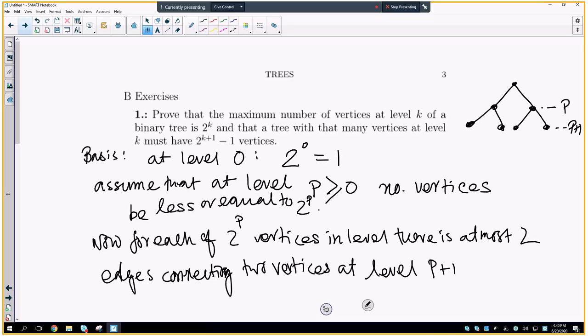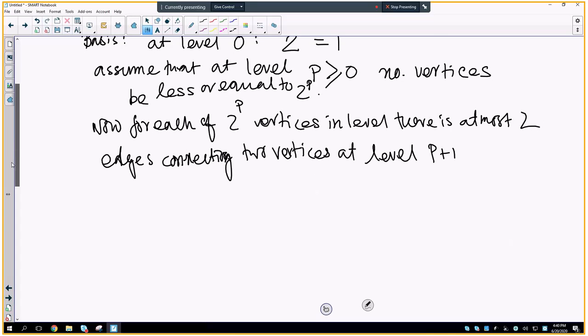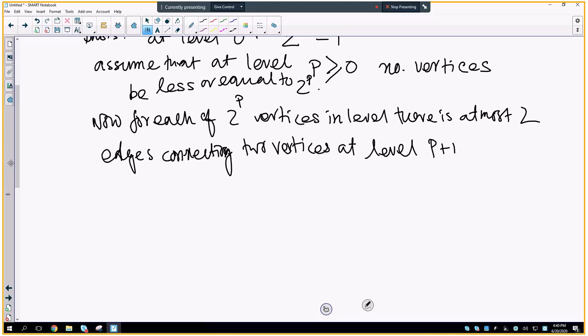So now think about this. At level P, the most number of vertices is 2 to the power P. Now for each of these 2 to the power P vertices, I have 2 choices of vertices. So total vertices at level P plus 1 is how many?